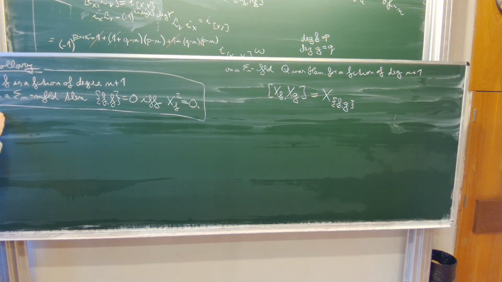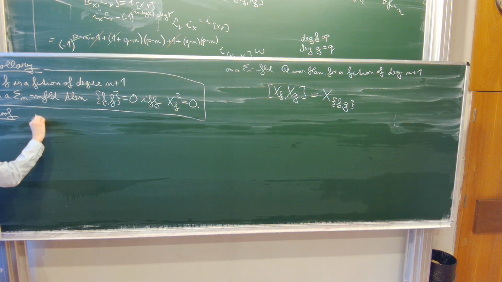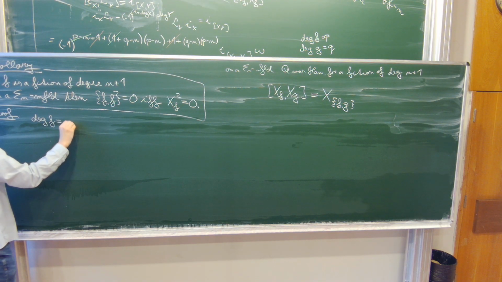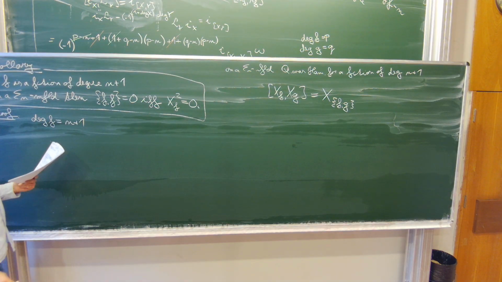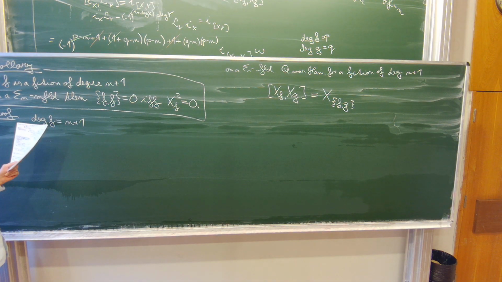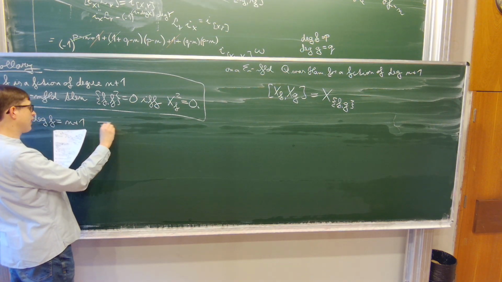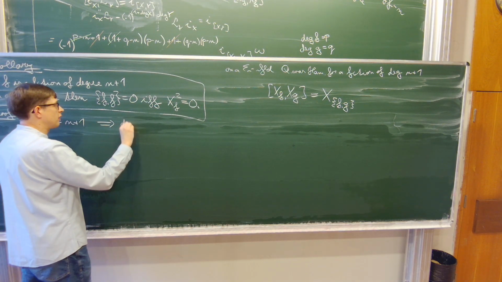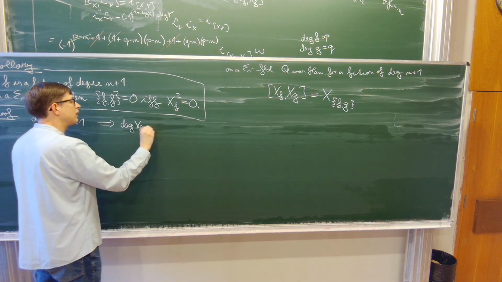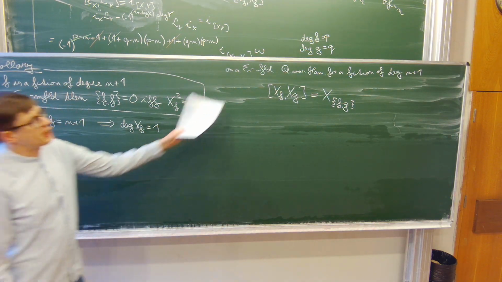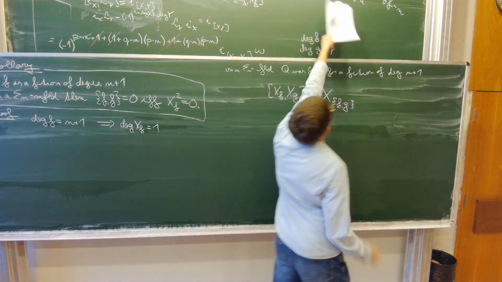So proof. Sorry, there are two conclusions that you can draw from this deep fact. One of them is that the degree of Xf is 1. That was the same here, right? Or you just use that formula.